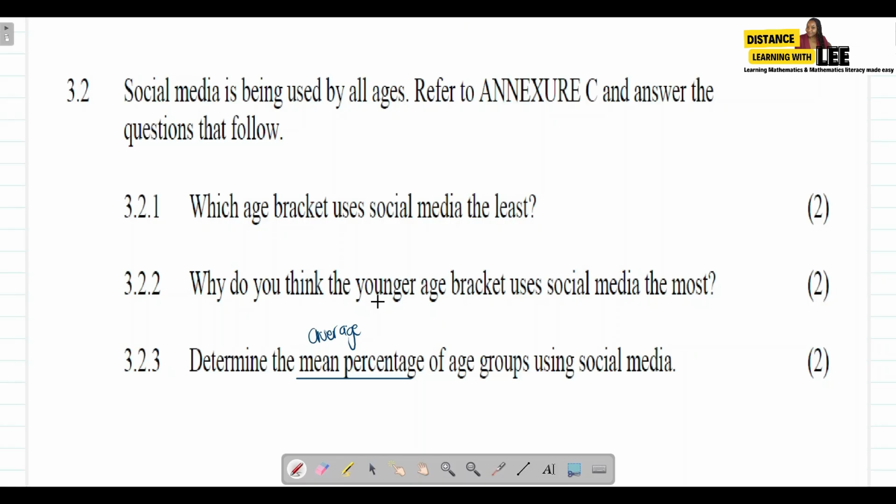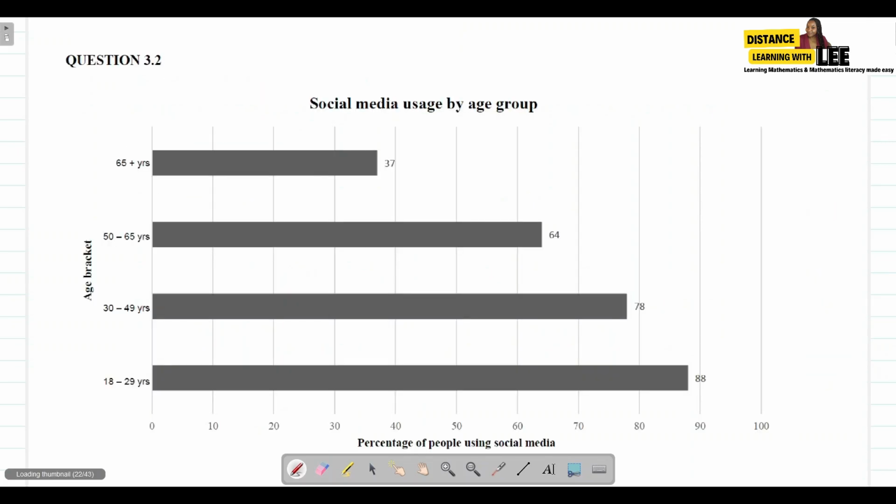To determine the mean, we need to sum up all the percentages and divide by the total number of percentages that we have. That's how we are going to determine the mean percentage of the age groups using the social media platform.